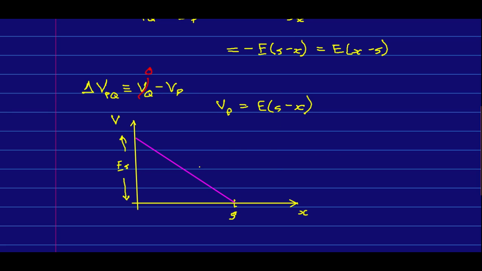And I want to particularly draw your attention to the fact that the slope of the V versus x graph is negative E. That is very important, as we'll see.